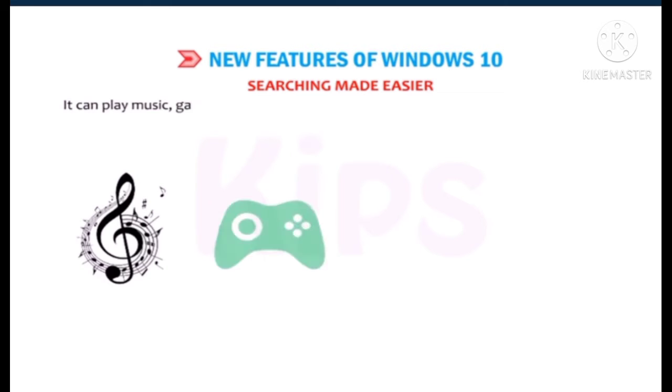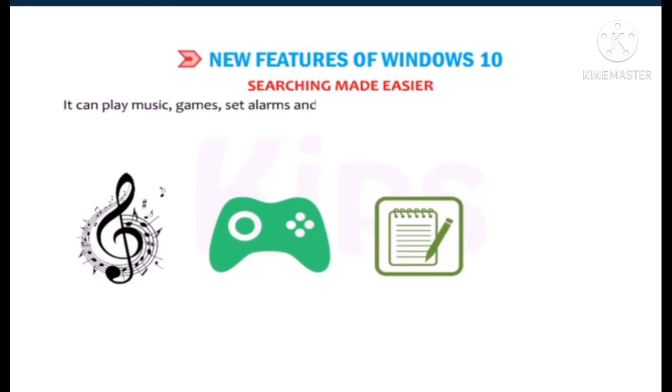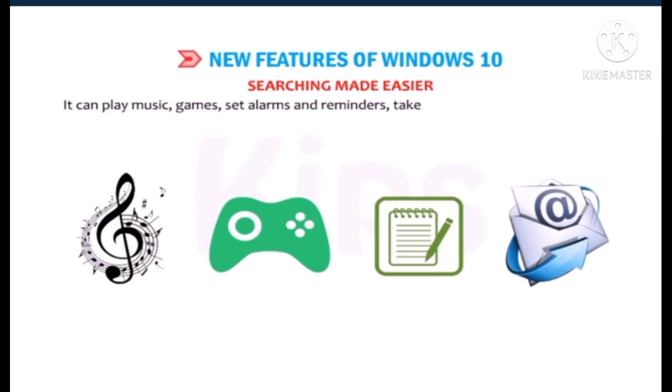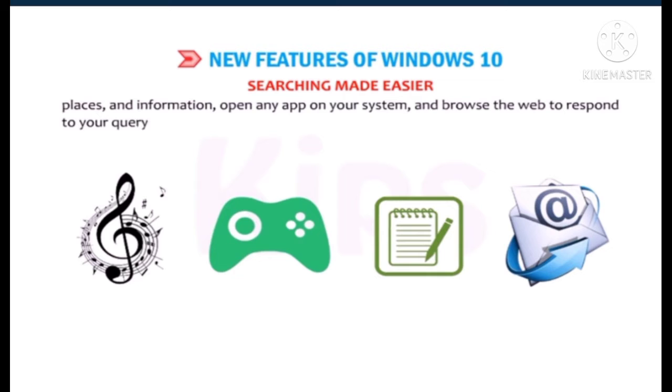It can play music, games, set alarms and reminders, take notes and send email, create and manage lists and find files, places and information, open any app on your system and browse the web to respond to your query.